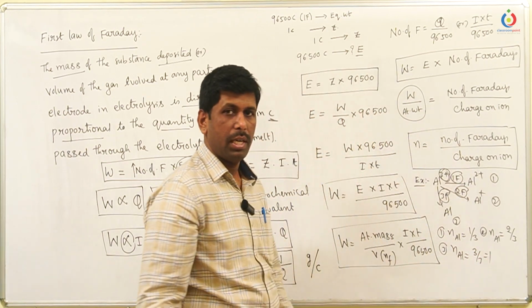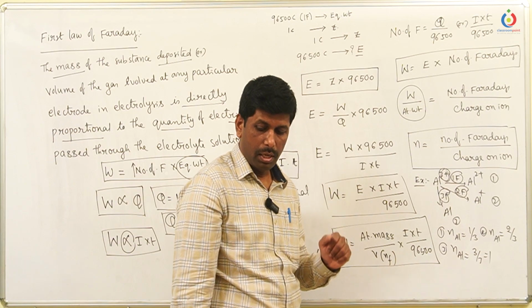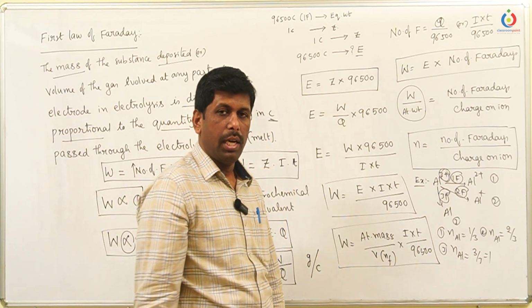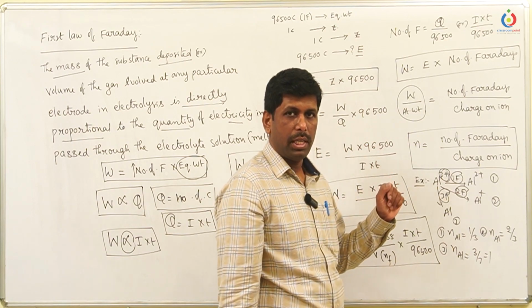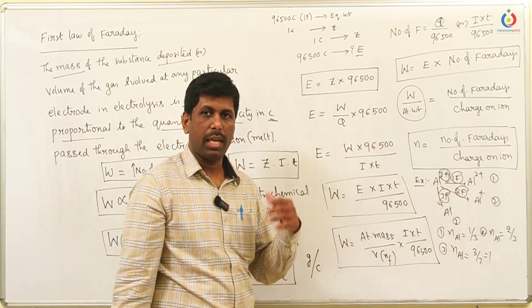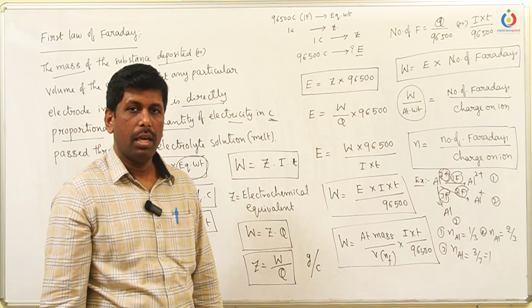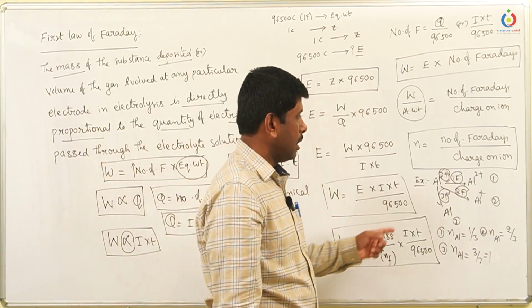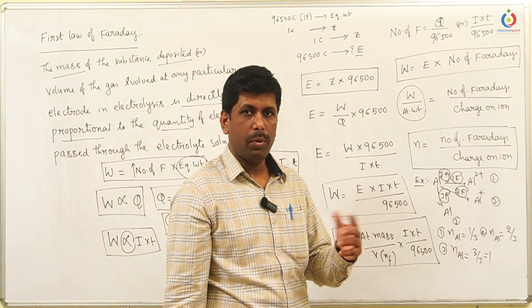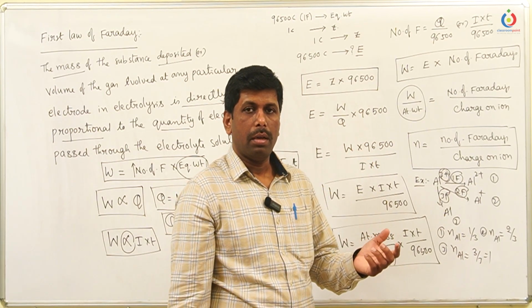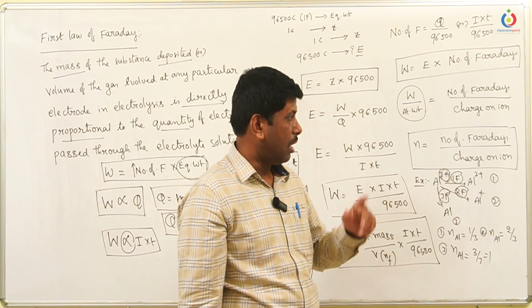Now usually in the electrolysis process, some substances are deposited at the cathode and some gases are liberated at the anode. In those cases, the comparison comes in the number of moles of the substance deposited or released at anode and cathode. Then how do we connect this?